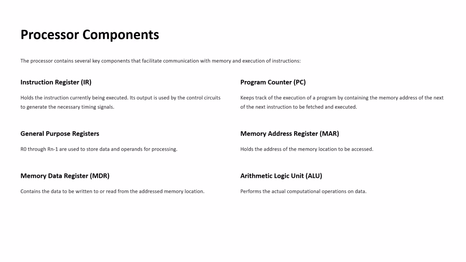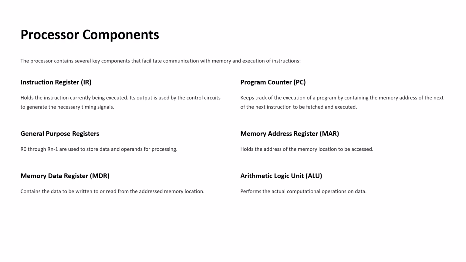Processor components. Commonly we know the processor is the brain of the computer, and it consists of several important components like the instruction register, program counter, general purpose registers, memory address register, and ALU. The instruction register holds the instruction being executed. The program counter keeps track of the next instruction's address.